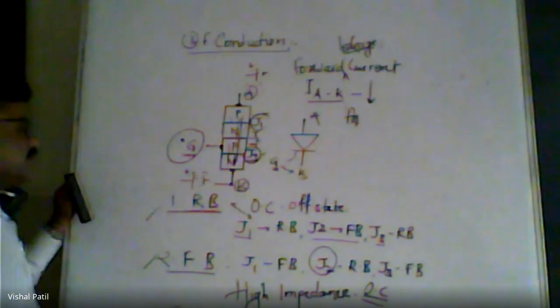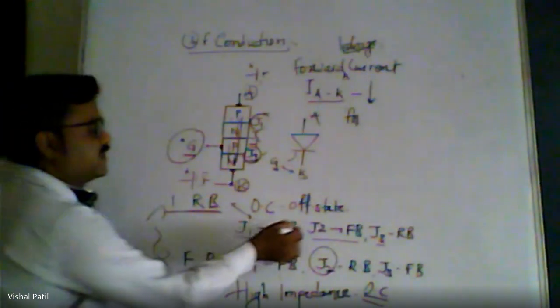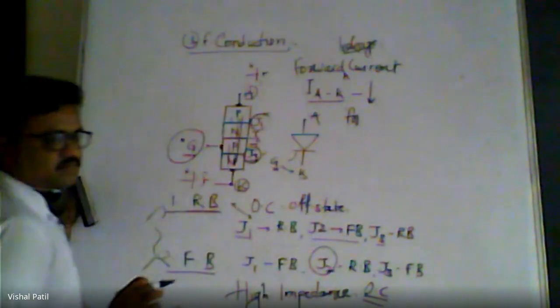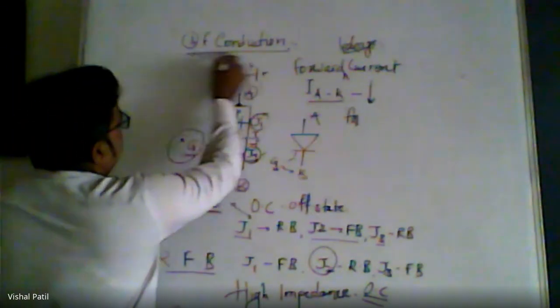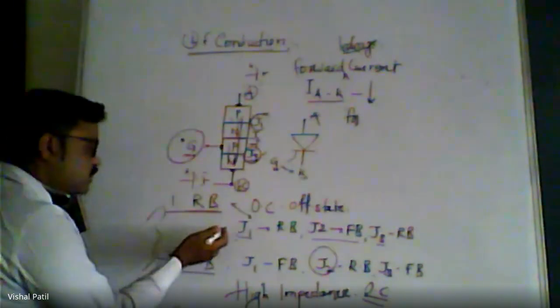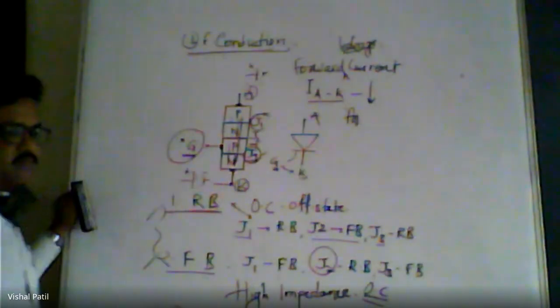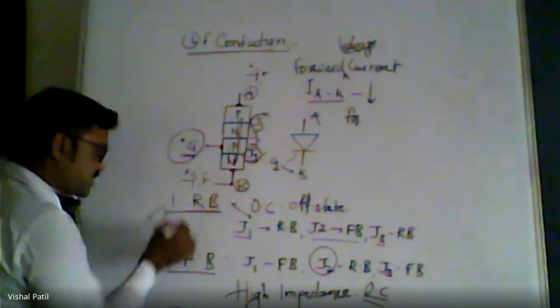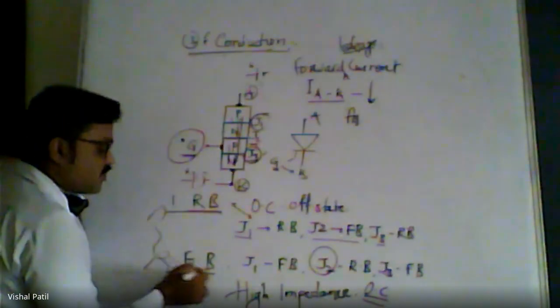So in both these modes, we say the device is in the off state. In the earlier two modes, the gate has no role to play, that is, in reverse blocking and forward blocking.